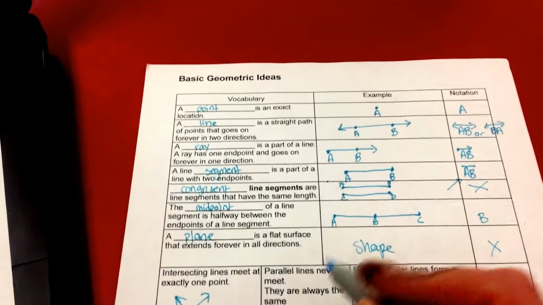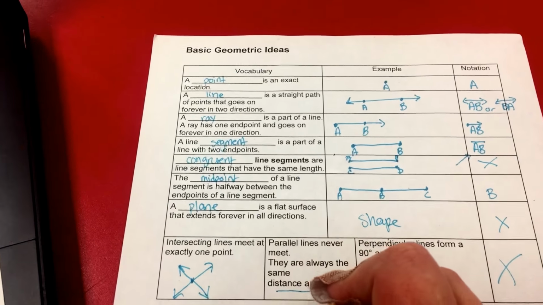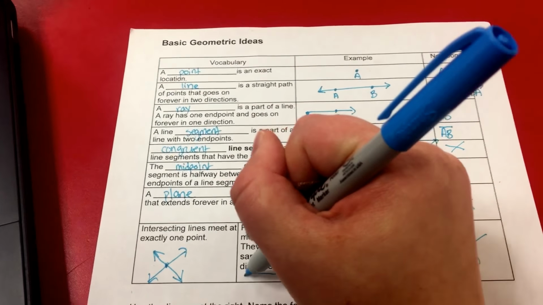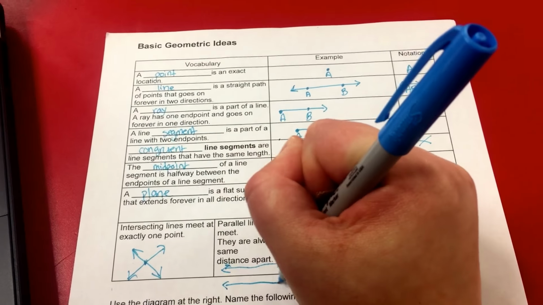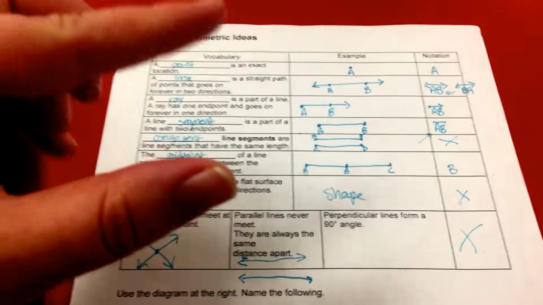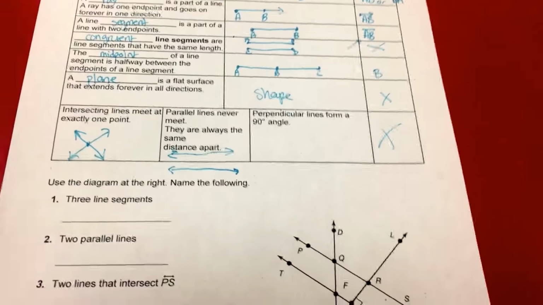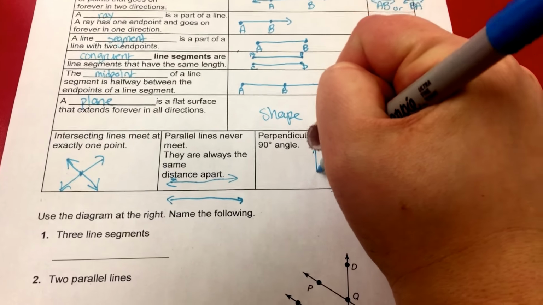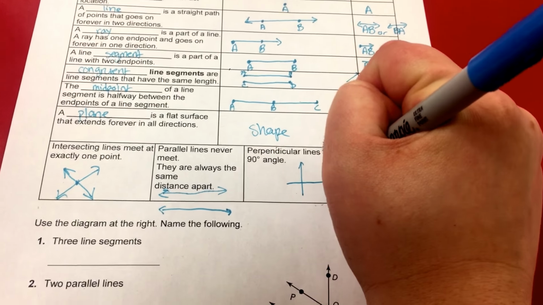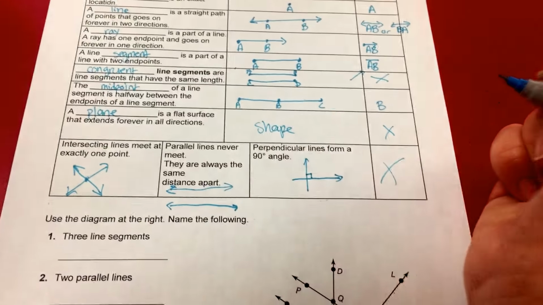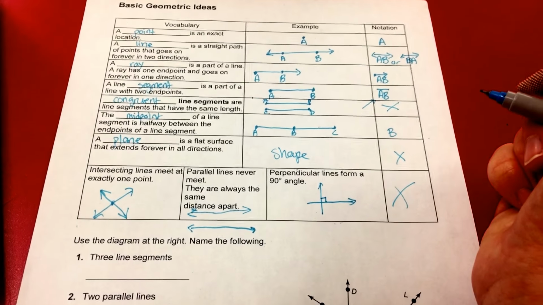They're always the same distance apart. They look like that. Notice they don't get any closer together because if they got closer together, they would eventually meet. And then perpendicular lines are lines that form a 90-degree angle. Well, you'll see like this box, which is like a right angle.